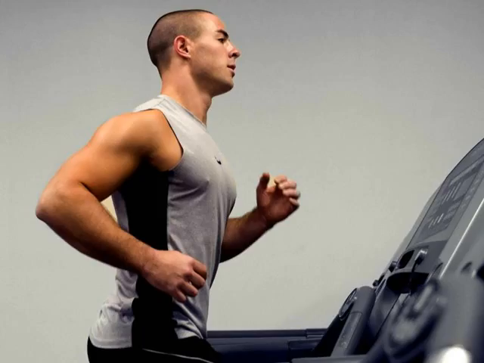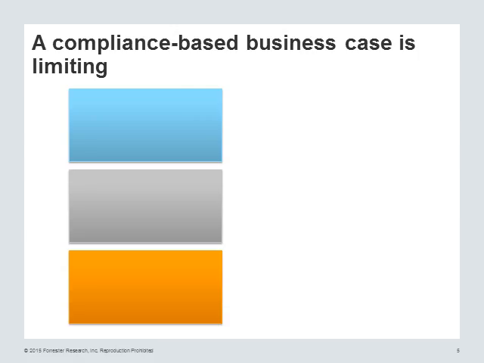And when it comes to data protection, I see a lot of organizations taking a compliance-based approach to building their business case, which to me seems a lot like focusing on a pretty narrow view of things. It's like the person at the gym who only lifts weights and has really big arm muscles, but they neglect the rest of their body.